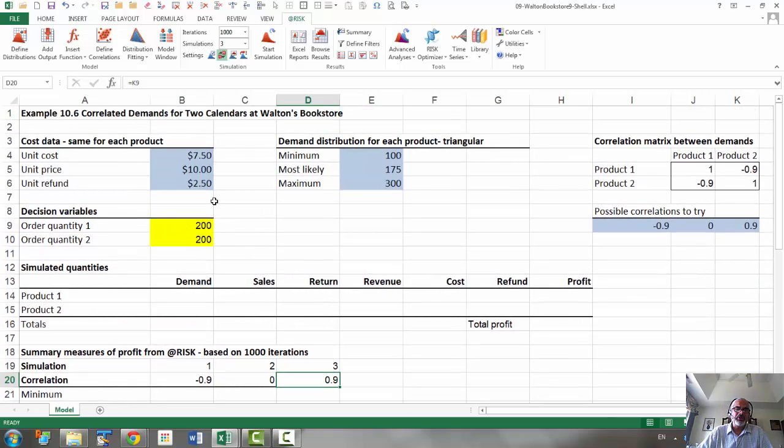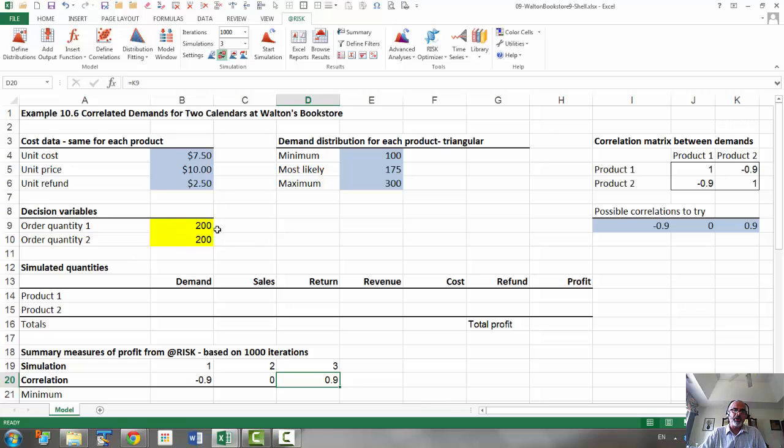Now we're going to assume, for the purpose of this modeling, that the distribution of demand itself is going to be the same. Of course, it's going to be adjusted by this correlation matrix. We will come to that in just a second. But the basic probability distribution for demand for both the products, we're going to assume they are the same, and these are the initial values for our order quantity.